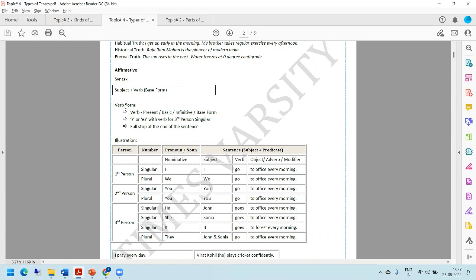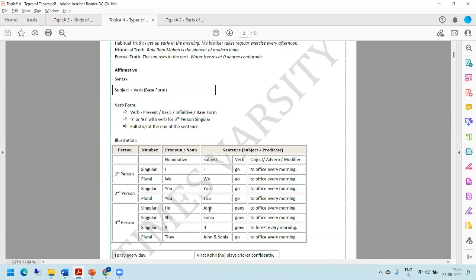So look at the verb form. That verb form is the present form, base form, and then s or es with the verb for third person singular. So he, she, it are these pronouns, third person singular. So with third person singular, s or es is added.